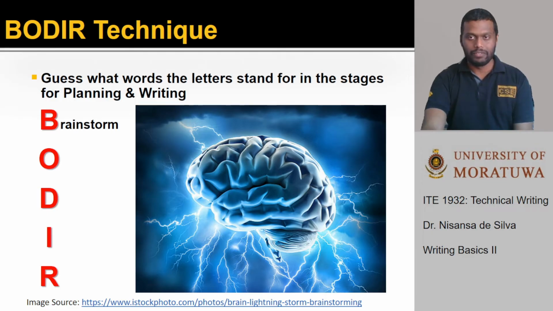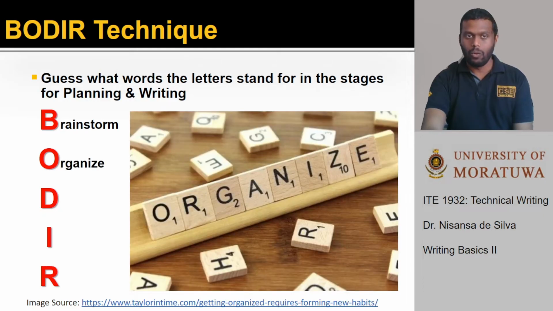B stands for brainstorm. It sounds like a storm in a horror movie, but it is not. We shall talk about it soon. O stands for organize. Now, you may think organize should go higher up in the list, but you will see when we discuss that organize is at its perfect place.